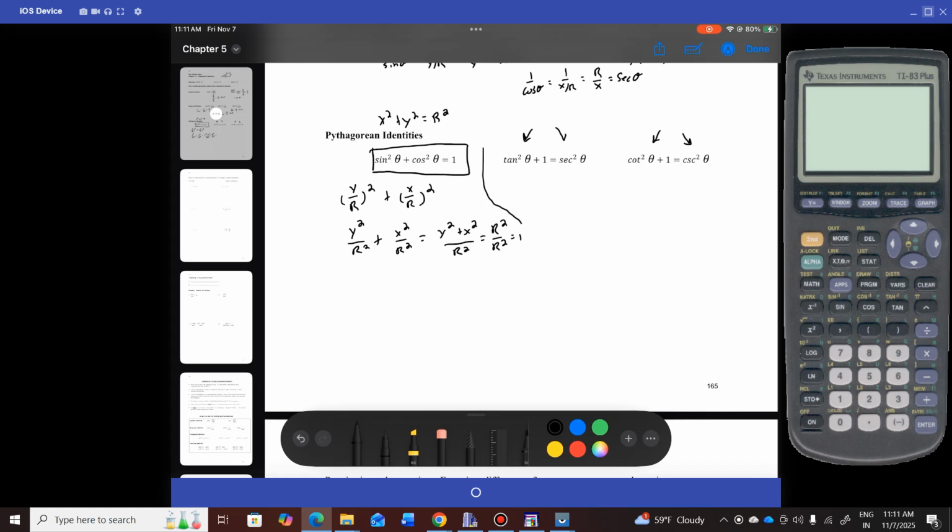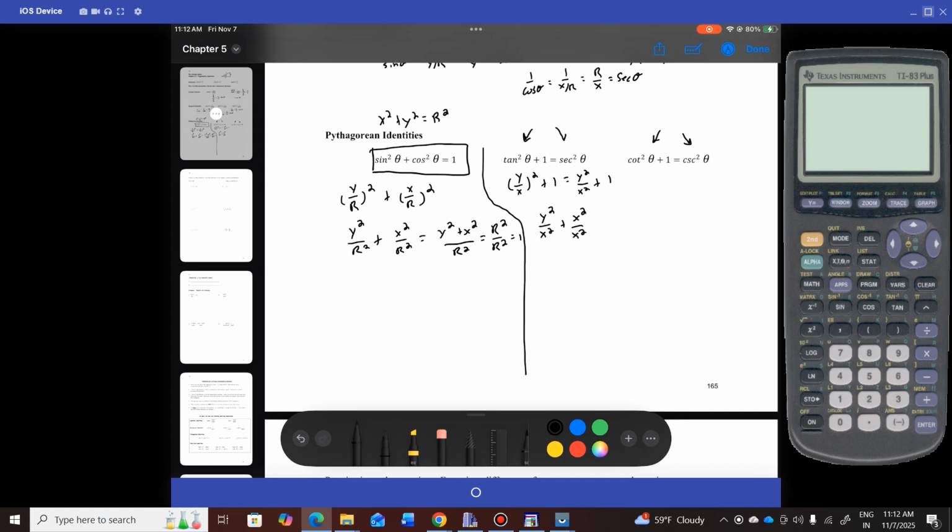Get a little line separating these. Right, so for tangent squared plus 1, tangent is y over x. So it'd be y over x squared plus 1. So y squared over x squared plus 1. And then I'm going to find a common denominator. So y squared over x squared plus x squared over x squared.